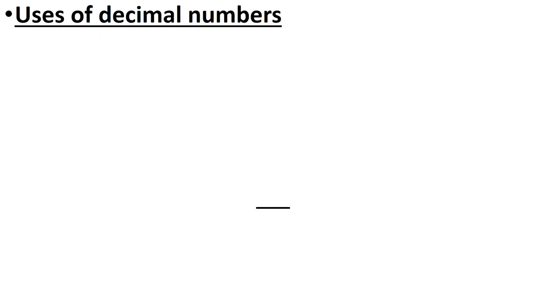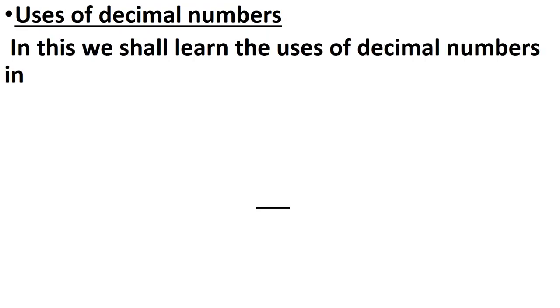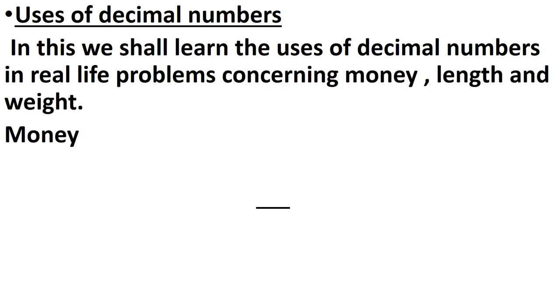Now, uses of decimal numbers in our day-to-day life. In this, we shall learn the uses of decimal numbers in real life problems concerning money, length and weight. Let's start with money.